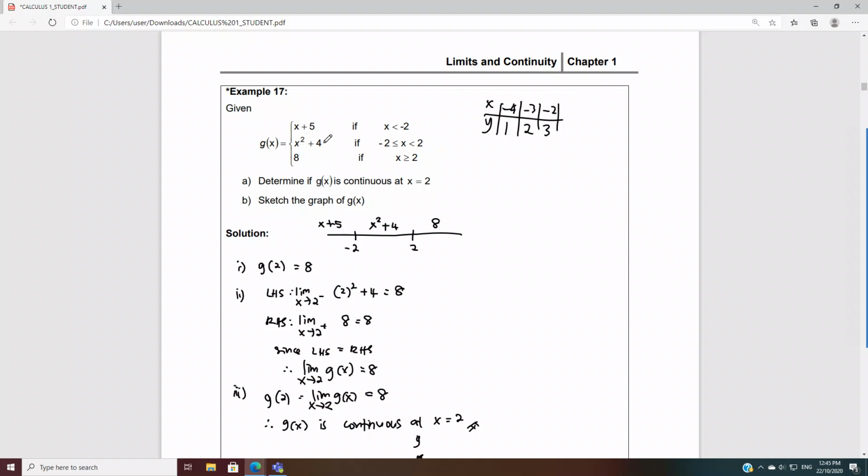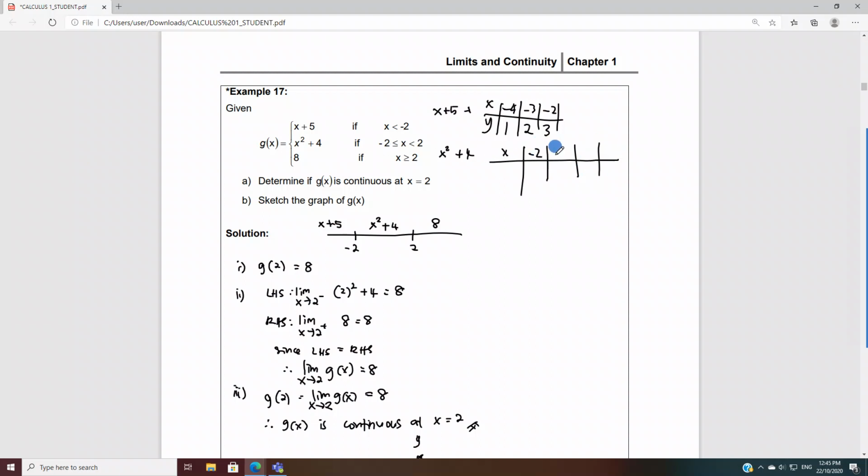Okay, so yang kedua ni untuk X kuasa 2 tambah 4. Masukkan nilai X, dia daripada negatif 2.